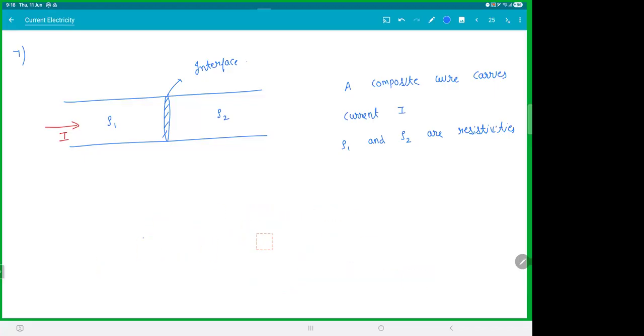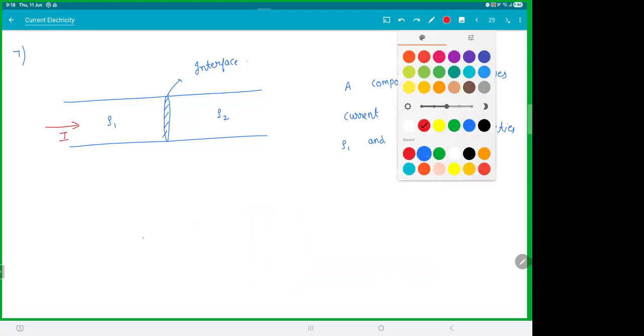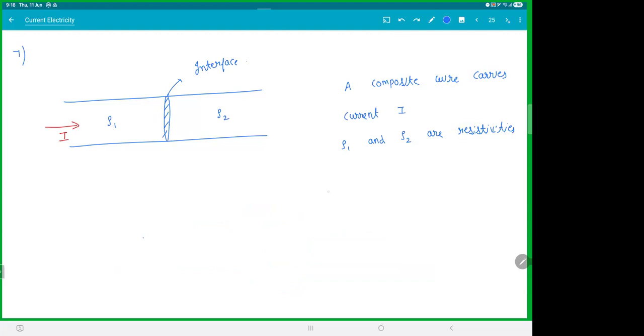That means some charge will accumulate at the interface. So if you join two different wires, two different materials, there will be a charge on the interface. Basically it gets blocked. Find the charge on the interface. This happens whenever you join wires of different materials.